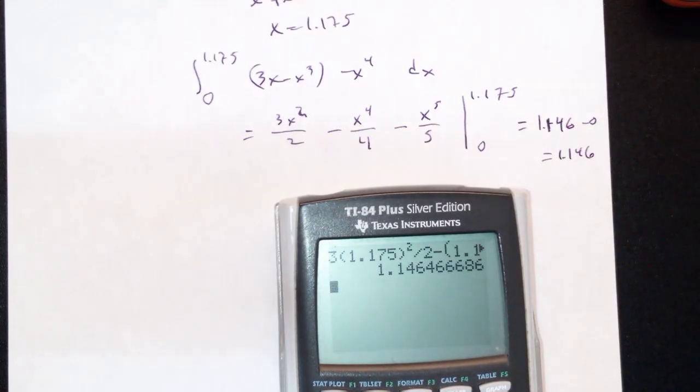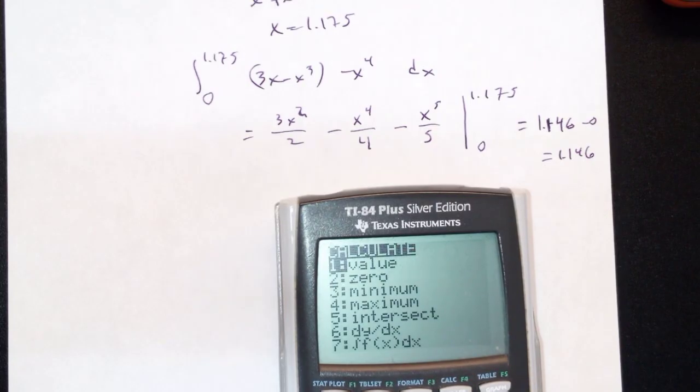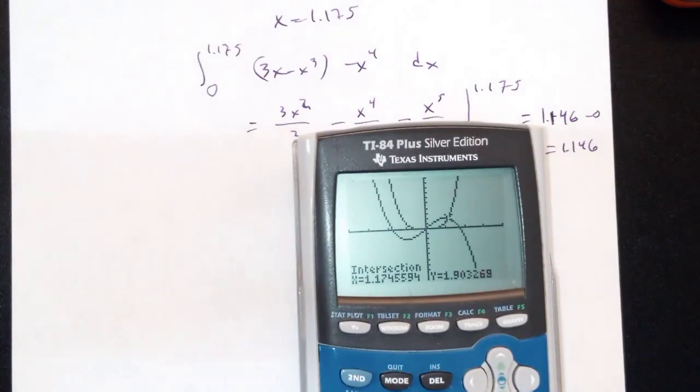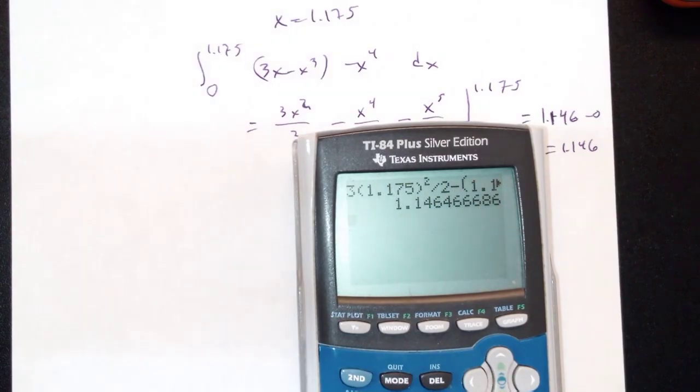By the way, if we were back on the graph and we found the intersection between these two curves, that number is stored in my calculator as x at the moment. It says x equals, right? So if I quit from this page and I just hit the x button, I could keep all the decimal places.